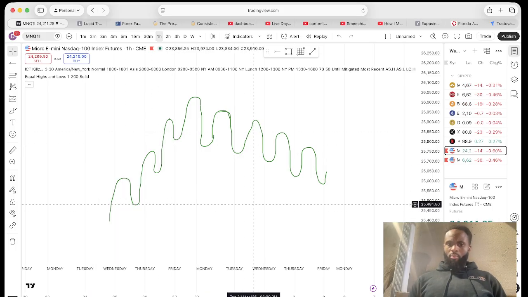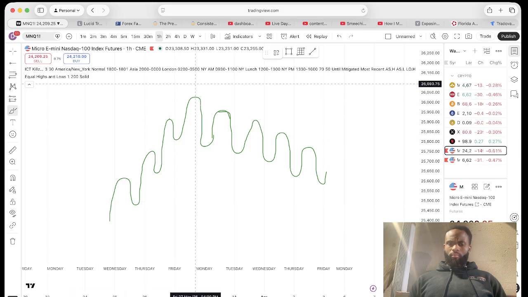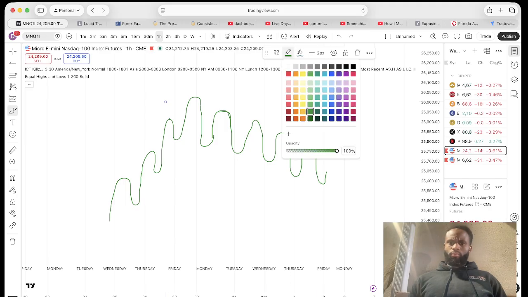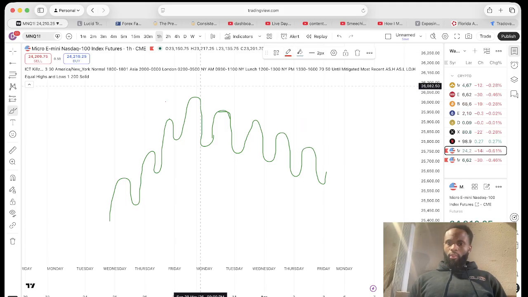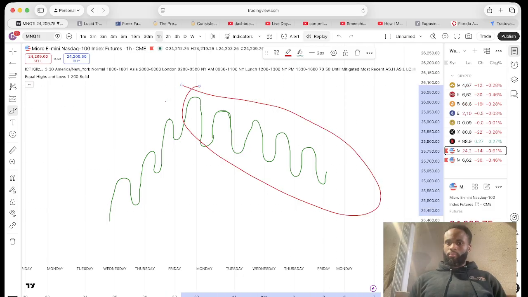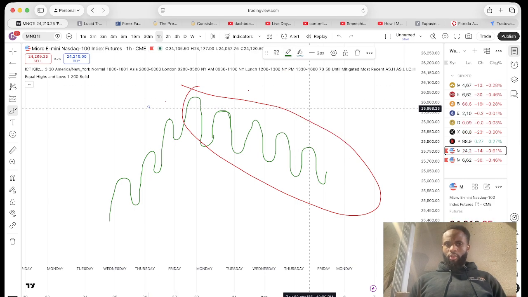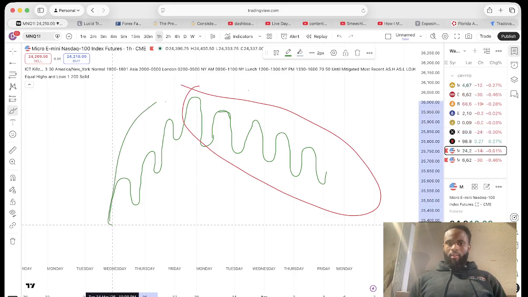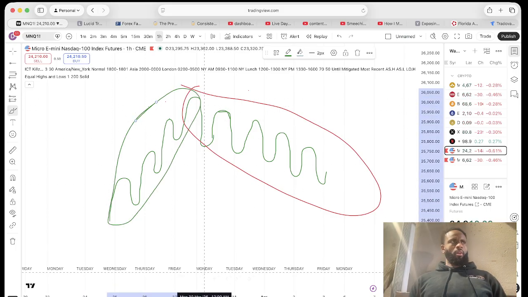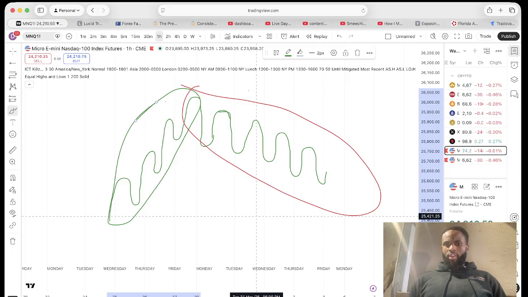So this is how the market moves. We're either going to move on lower lows and lower highs, or we're going to move on higher lows and higher highs. So this is how the market moves. Trends.